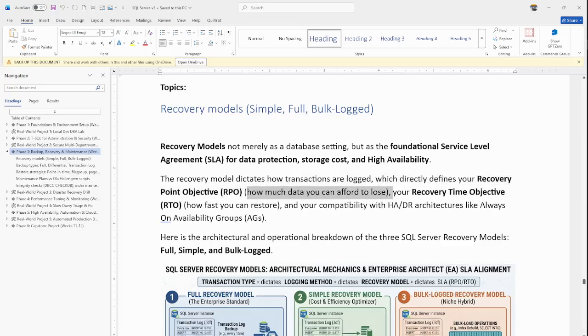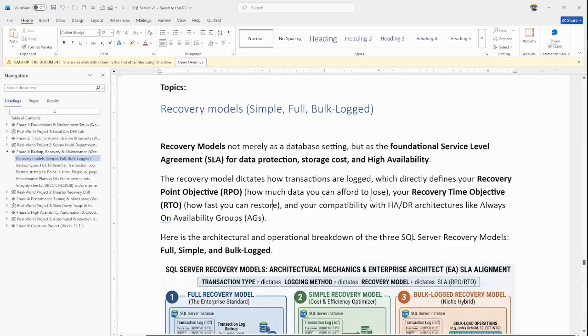And what is your recovery time objective, your RTO, meaning how fast you can restore the data. So we need to ask this. Based on this, we will plan the backup and restore activities.